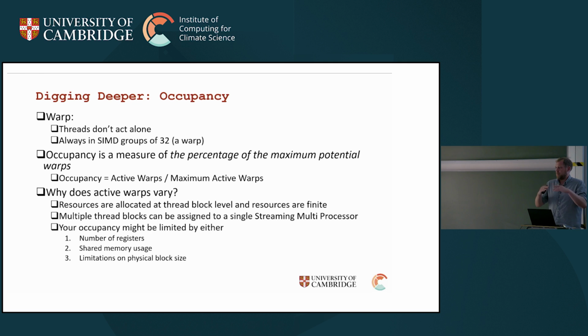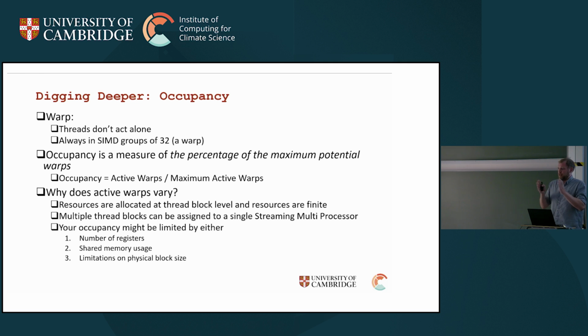If you write a program that's got loads and loads of register use, and then you set a really big thread block size, when the blocks get assigned to streaming multiprocessors, if one block is enough to utilize all of the registers, then you can't put any more blocks on there. Or if you've got some left over but you can't quite fit another block on it, it doesn't matter. Only one's going to get assigned. That's an extreme case, but you get the idea.